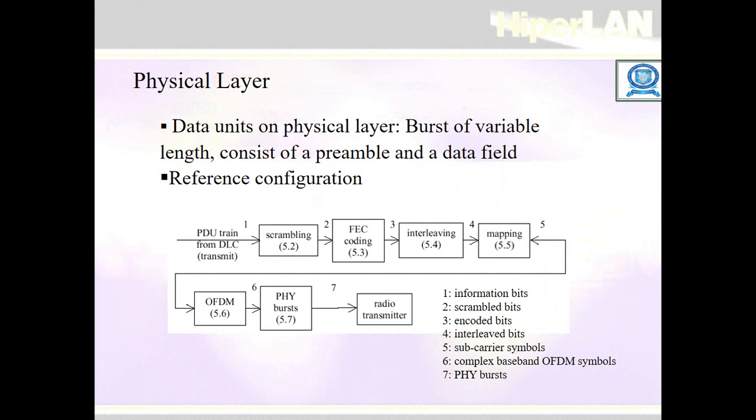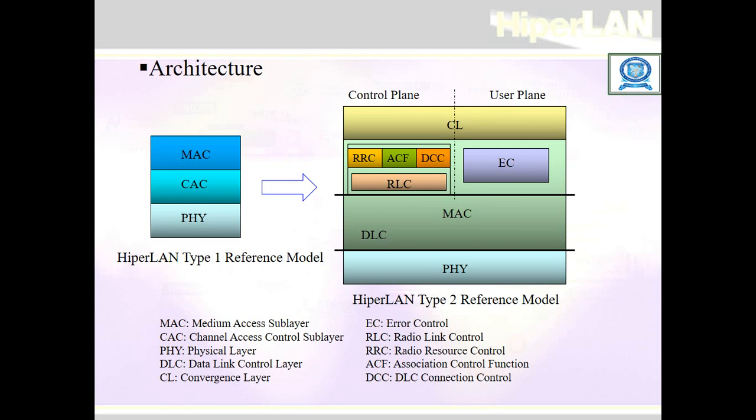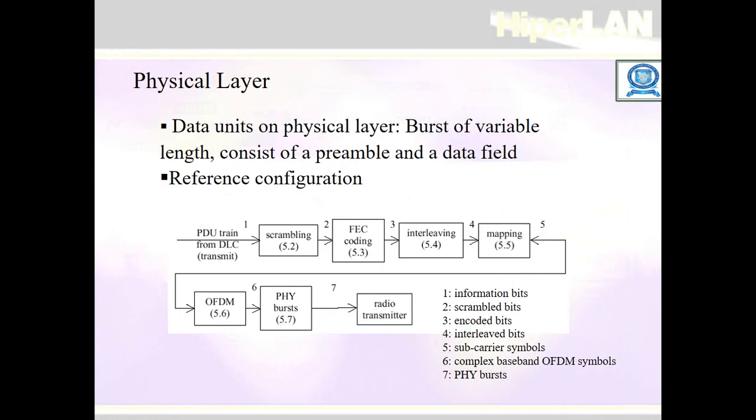The data unit of the physical layer is a burst of variable length, consisting of a preamble and a data field. The given diagram shows the physical layer configuration. The PDU is received from the DLC, the data link control layer.